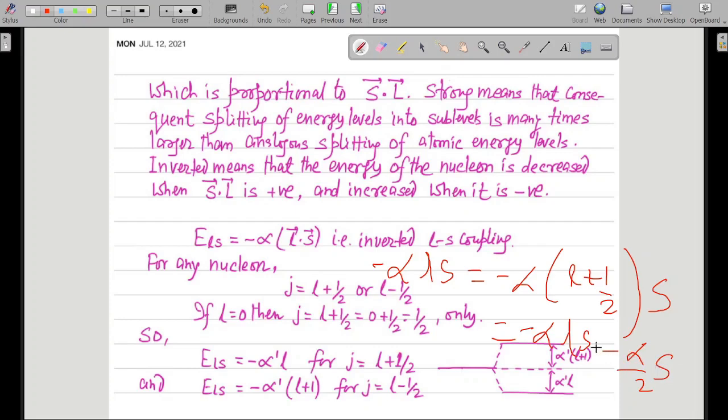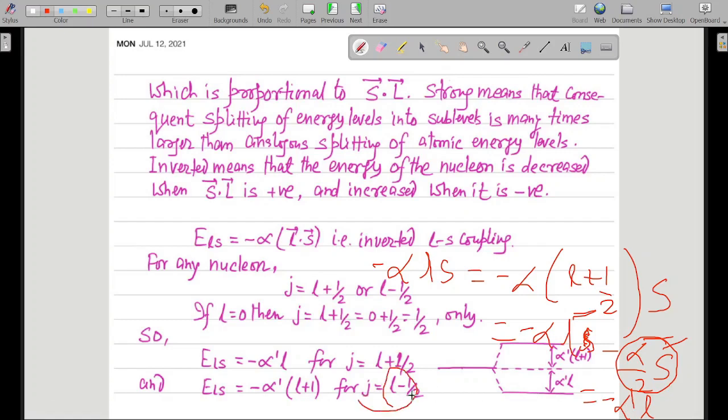Now you can write the expression to be alpha dash L. You can assume one new constant alpha dash, and assign this value as alpha dash L, because S is constant, alpha is constant, so this value is constant, and this particular value of S is also a constant, so only L is variable over here, so you can assume it to be minus alpha dash L.